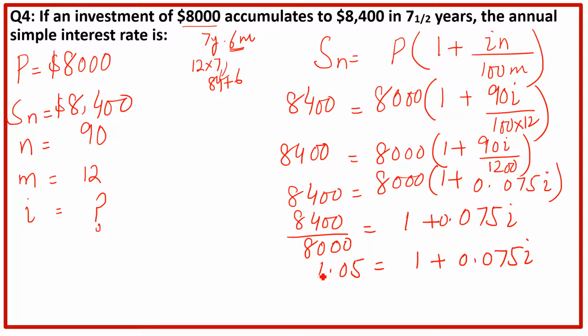Now take this 1 to the other side. It is 1.05 minus 1, which is just basic simplification. We are simplifying it. So 1.05 minus 1 is equal to 0.05.